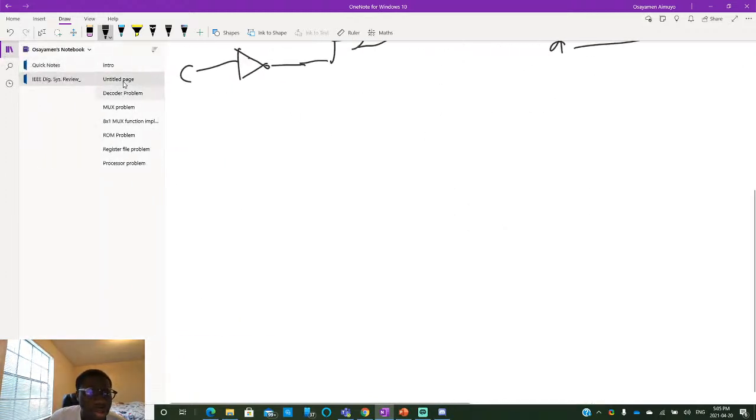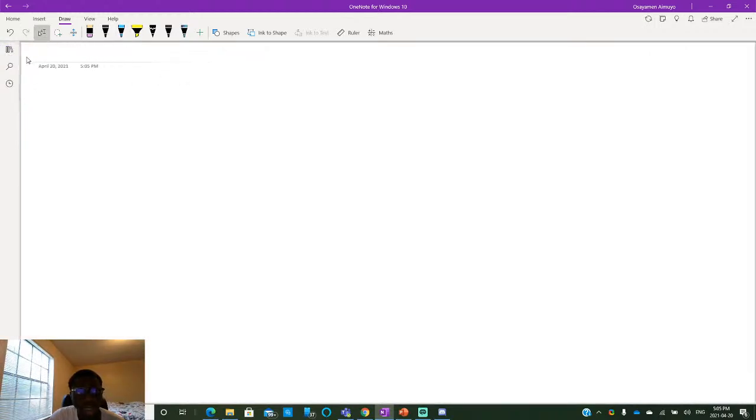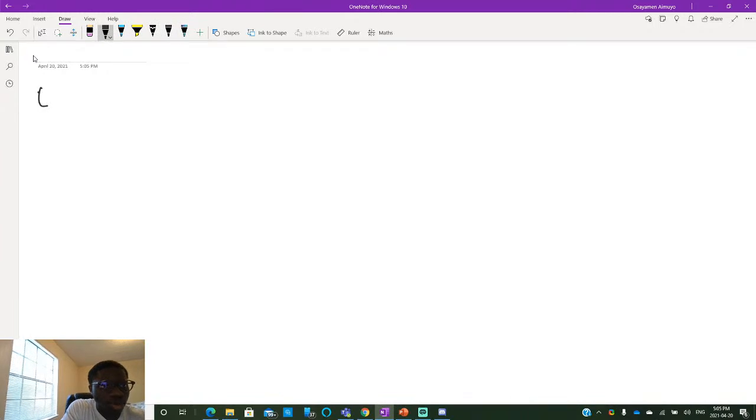Okay, and so let me just add another page here. Okay, so we have this function, and this is an example for multiple output circuits.